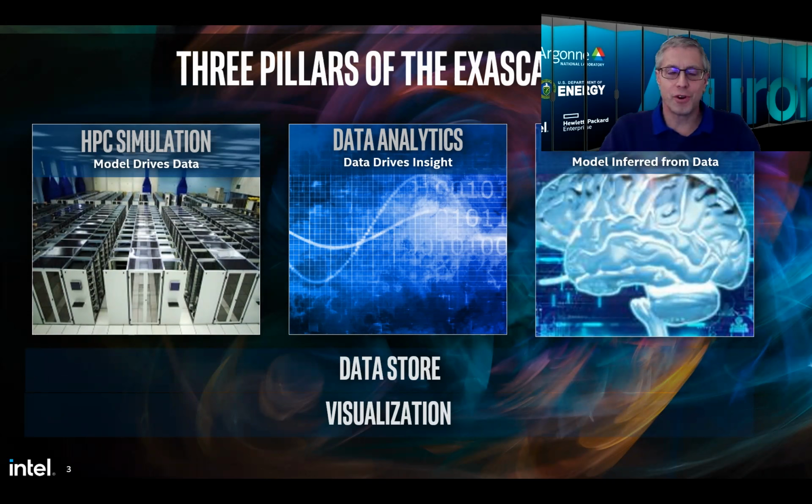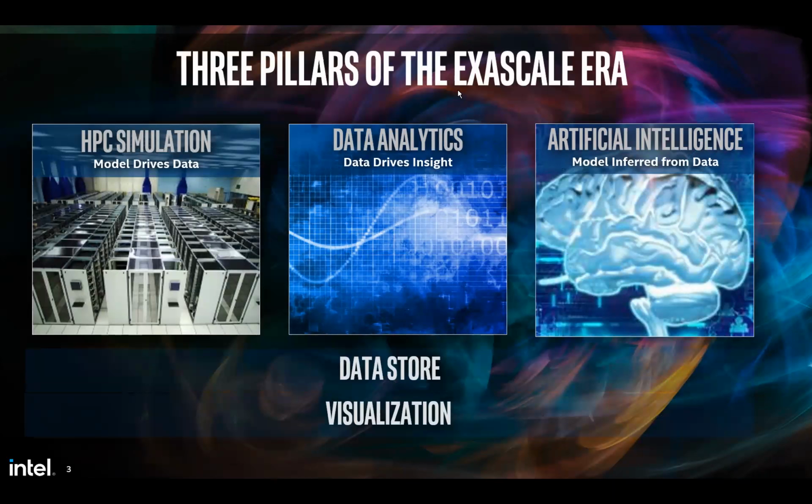So before we start talking about Aurora, let's talk about the three pillars of exascale. And it's important that we think about these three different pillars because really in the last decade, the face of HPC has changed.